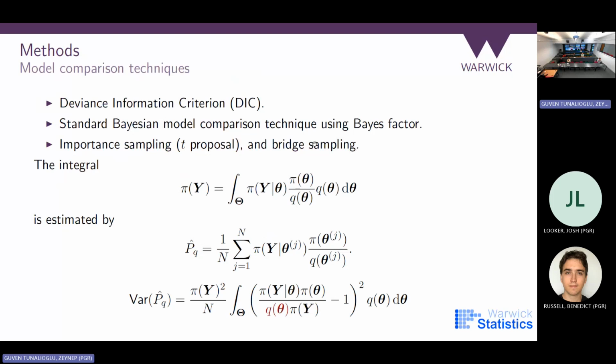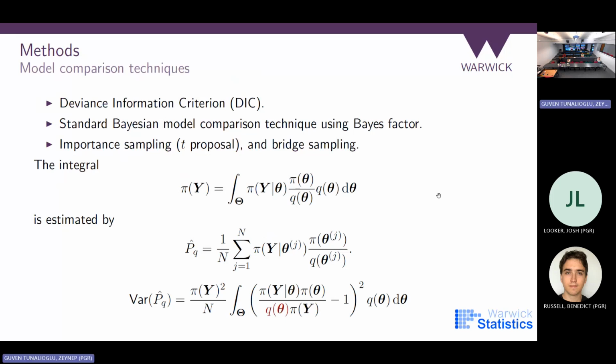So a standard Bayesian approach would be to compute the model evidence, which is this high-dimensional integral right here. And we are using the importance sampling method. If you look at this integral, you'd see that for the variance of this estimator, the proposal density appears in the denominator, which means that if you sample at the extremes of the distribution, so you have a Gaussian, right?